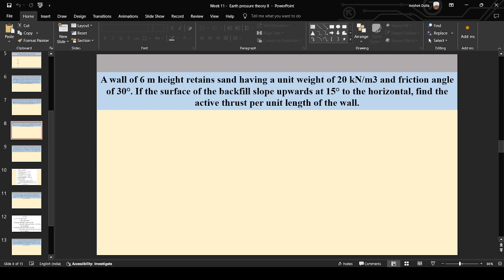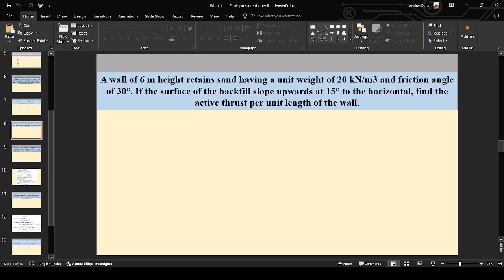I'll repeat the question. A wall of 6-meter height retains sand having a unit weight of 20 kilonewton per meter cube and friction angle of 30 degree.